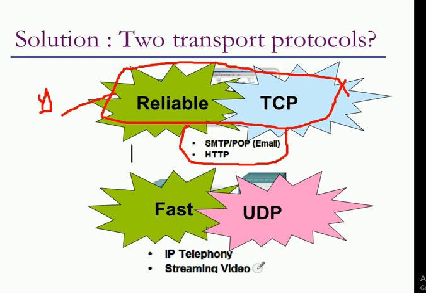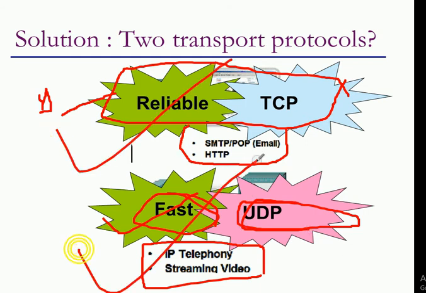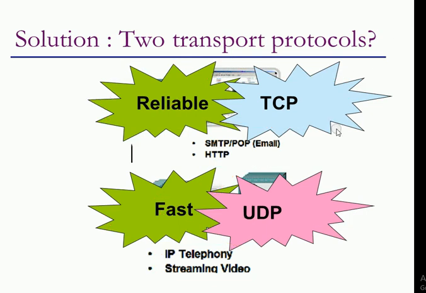As for IP telephony or streaming videos, there will not be delays. It will be fast, but it will not be reliable, so you may face errors a lot. So two protocols, two kinds of users. That's why we discussed this. Let's fast forward.